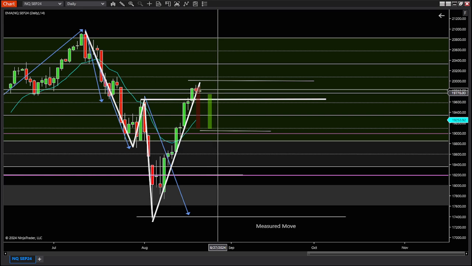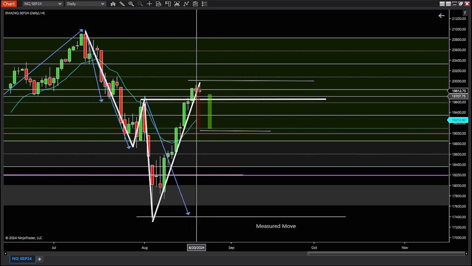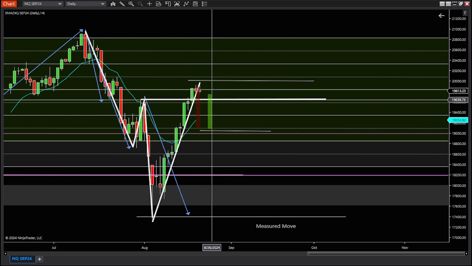Of course, like I said before, you can go ahead and enter this and then zoom in on a 4 hour, 1 hour, because this is a daily, and then go ahead and determine where your risk is going to be. You might find something that will invalidate this setup on a faster time frame.